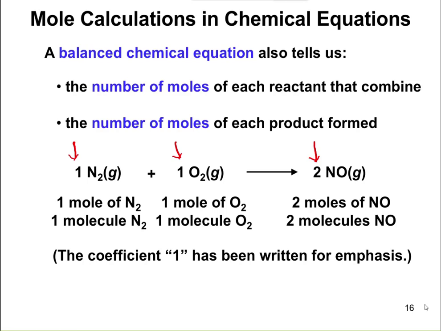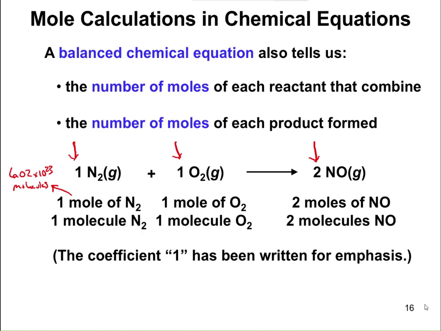So moles and molecules are not the same thing. The one thing I want to clarify is that even though this has 1 mole of N2 here and 1 molecule of N2 here, those are not the same thing. Remember, 1 mole of N2 is actually 6.02 times 10 to the 23rd molecules.